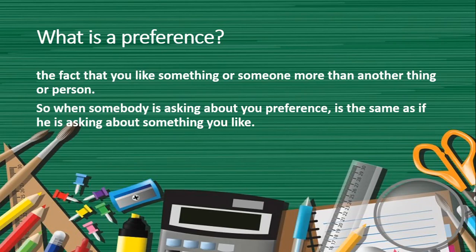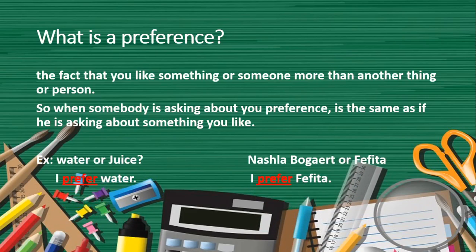In my personal preference, I prefer water over juice, right? That's my preference. That is something that I like more than the juice, okay? So that is a preference. For example, water or juice. I prefer water. Nashla, Bogart, or Fefita, two options. Which one do you prefer? I prefer Fefita. It's just an example.